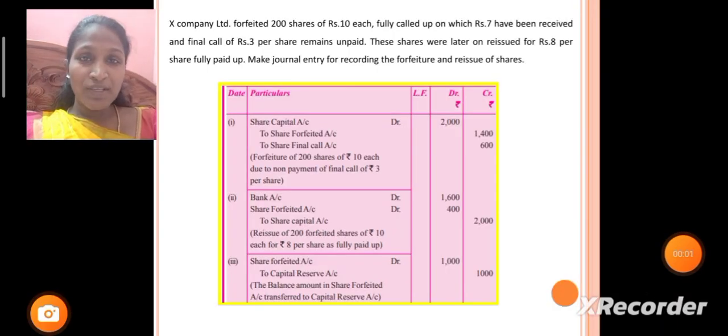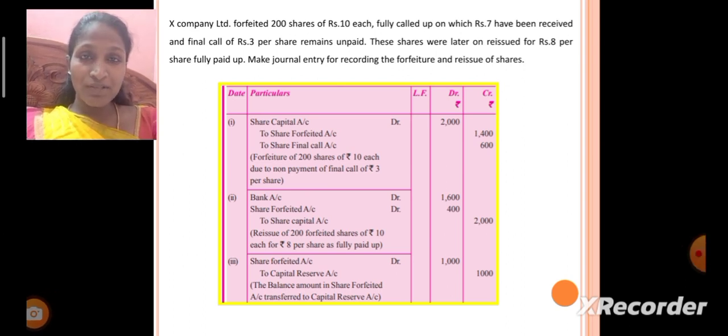Let's move on to another model, forfeiture of shares. It is one of the important models in issue of shares. So what is forfeiture of shares? It is the termination of membership by the company.